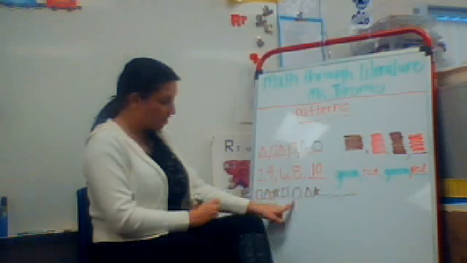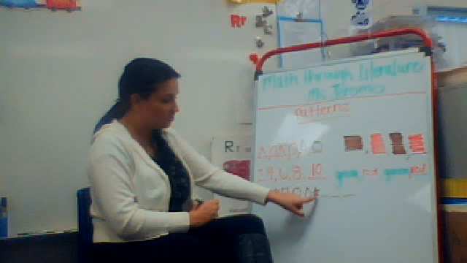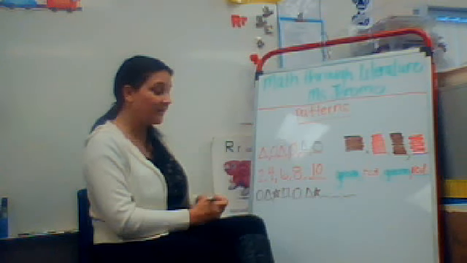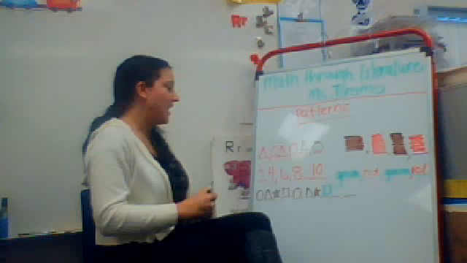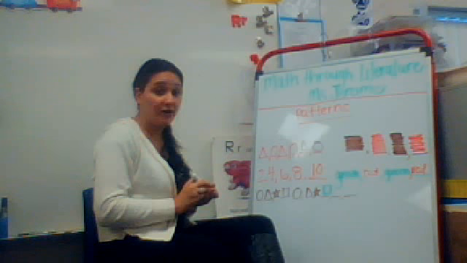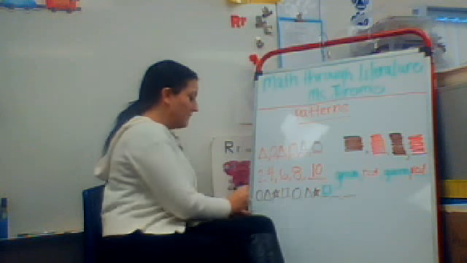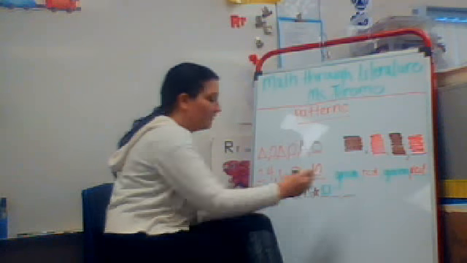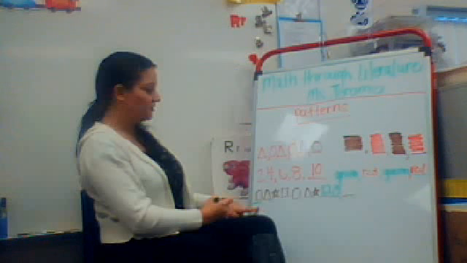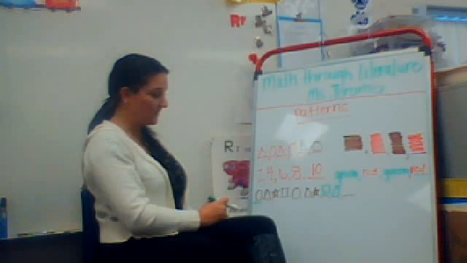Then we have a circle, a triangle, a star, and who can tell me what comes after a star? Square. Very good. And then after our square, we start the pattern from the beginning, and the beginning shape is what? A circle. Very good. And then after the circle, we have one more shape. Triangle. 3 sides.